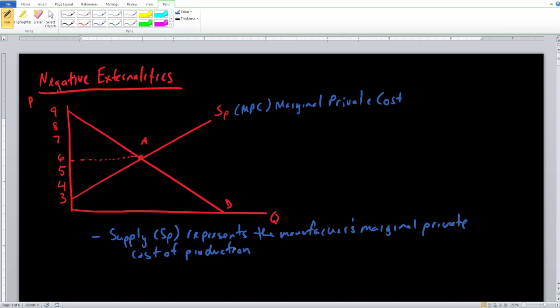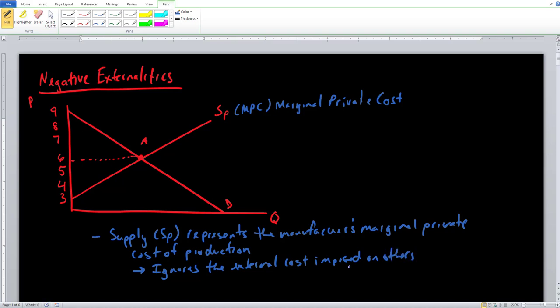Essentially, we're just leaving the market to its own devices. It ignores the external costs imposed on others.